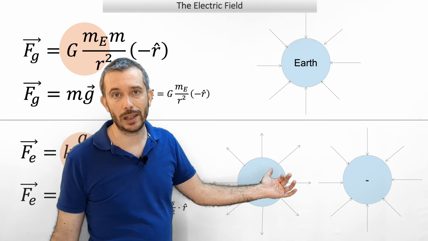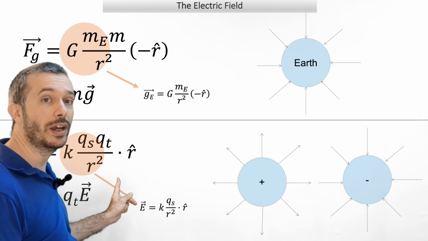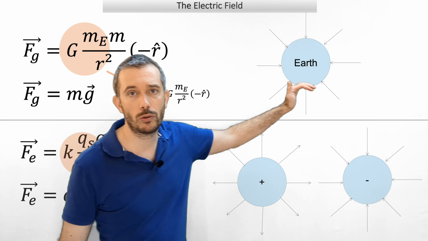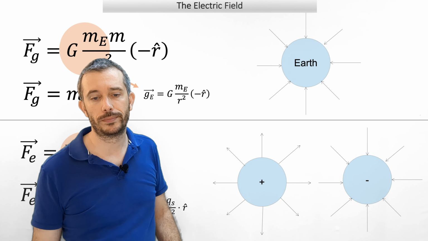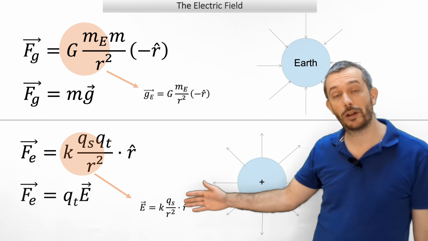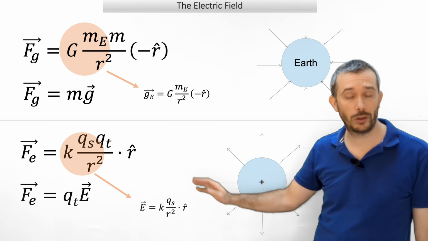Therefore, the field lines that describe the direction of the E vector will always point away from positive charges and towards negative charges. If we look at this equation, it is obvious what the unit of the electric field has to be. It has to be newtons per coulomb.